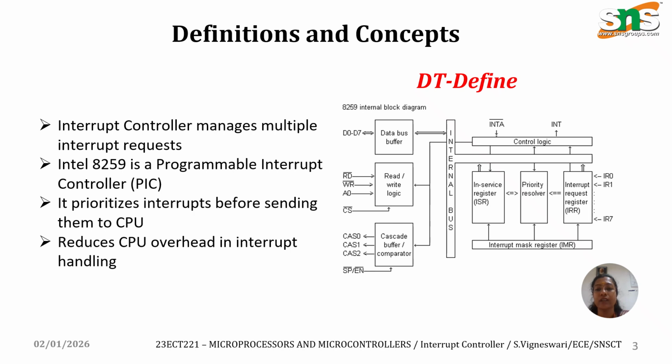The 8259 manages multiple interrupt inputs, assigns a priority to them based on the vector table, and sends the highest priority interrupt to the CPU, reducing the CPU overhead in this way. Instead of the CPU directly handling all the interrupt lines, the interrupt controller filters and prioritizes them based on the vector table.